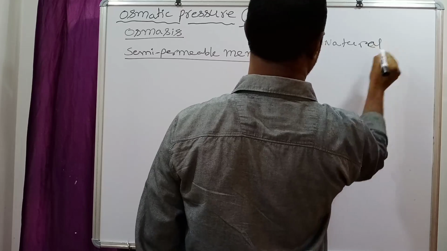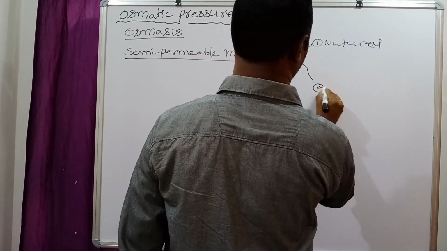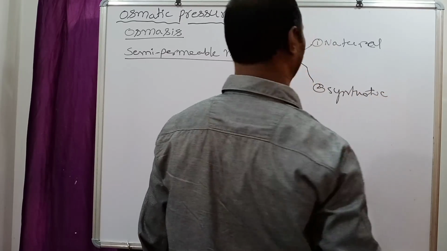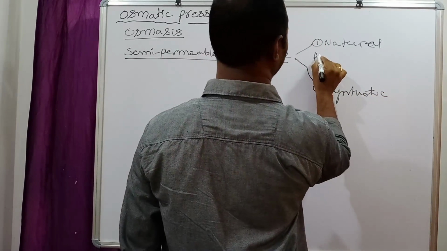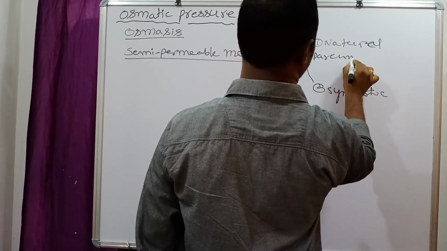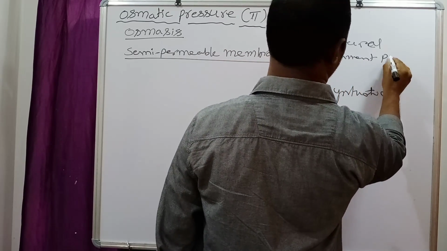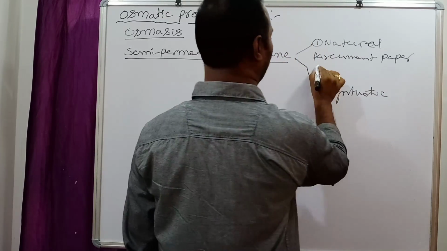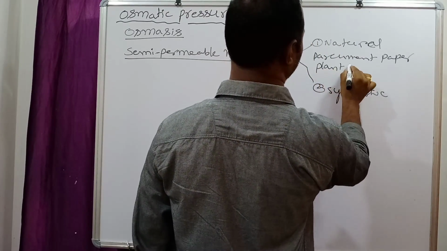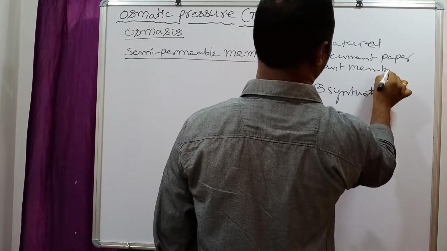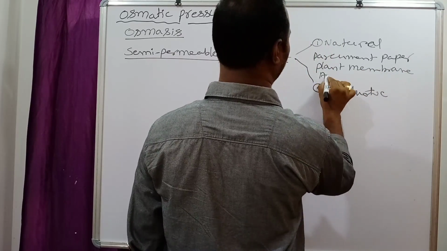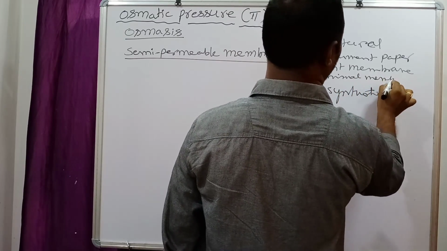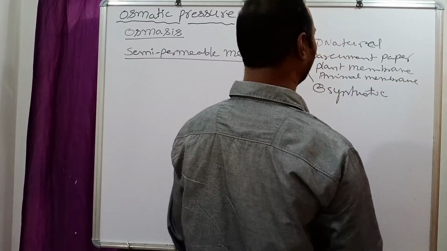Natural semi-permeable membranes: parchment paper, plant membrane, animal membrane, like pigs.